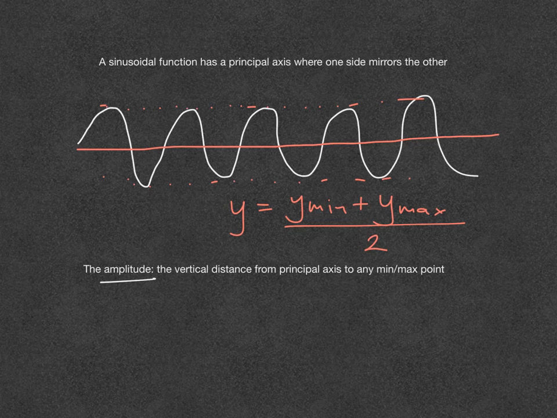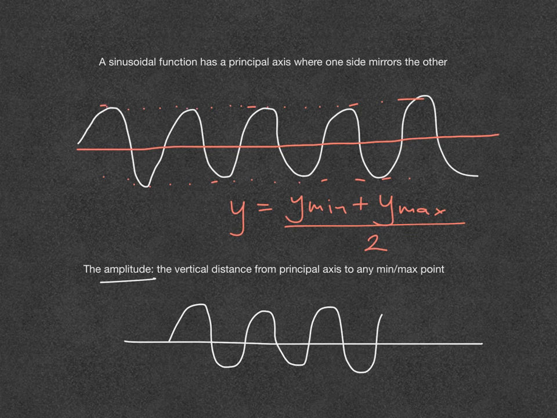Now amplitude. Amplitude is the vertical distance from the principal axis to any minimum or maximum point. So this distance here from the axis up to any maximum point, or from the axis to any minimum point, is going to be the same distance, even though it doesn't look like it here.